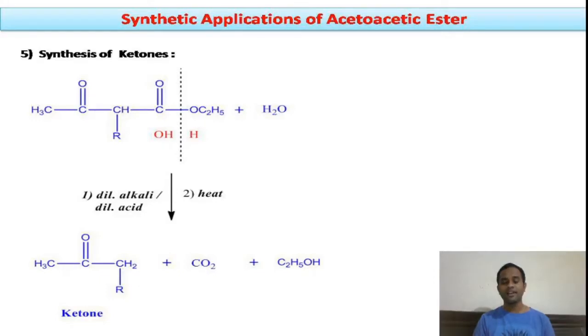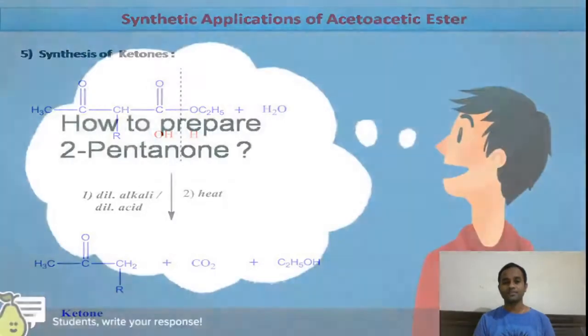Since in this hydrolysis, keto is the main product, such hydrolysis we call a ketonic hydrolysis. In order to synthesize the ketones from the acetoacetic ester, we have to perform the ketonic hydrolysis. That is, in presence of dilute alkali or dilute acid, upon heating we will get the ketone as the main product.